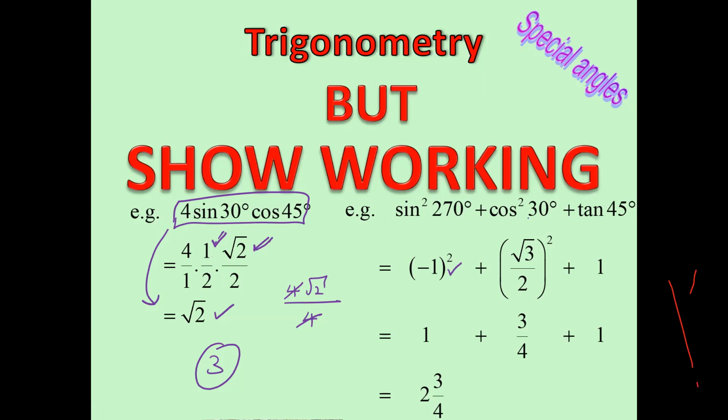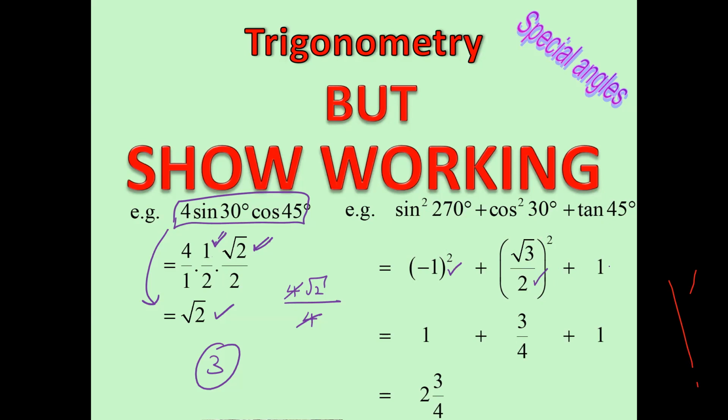Don't type the square. You'll type only cos 30. It should give you root 3 over 2. Is it giving you root 3 over 2? Yes, sir. All right. Then you'll get a mark for that and you put your square.